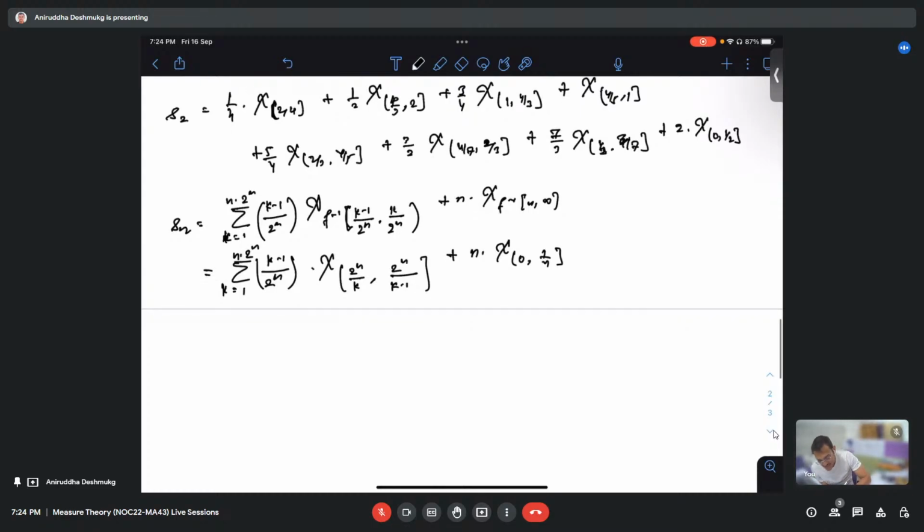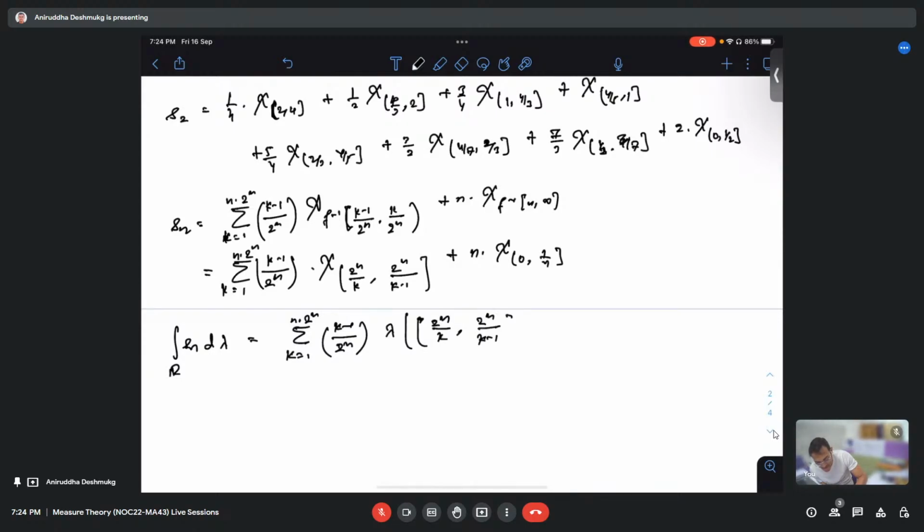Okay. Now all we have to do is compute this integral, which is easier because we know by definition this is equal to the sum over k from 1 to n times 2 to the power n, (k minus 1) by 2 to the power n, and the length of these intervals, 2 to the power n by k, 2 to the power n by (k minus 1), plus n times the length of this interval, 0 to 1 by n.